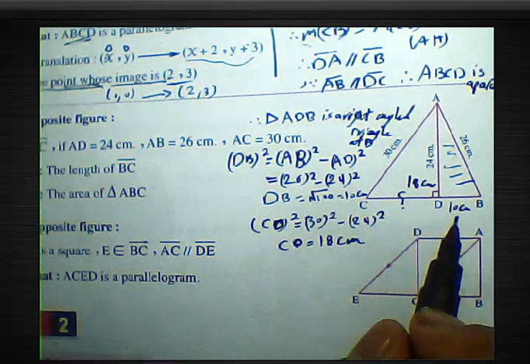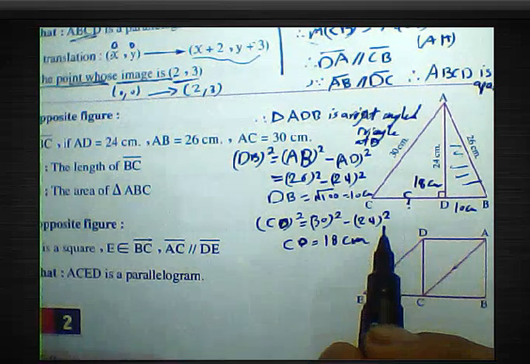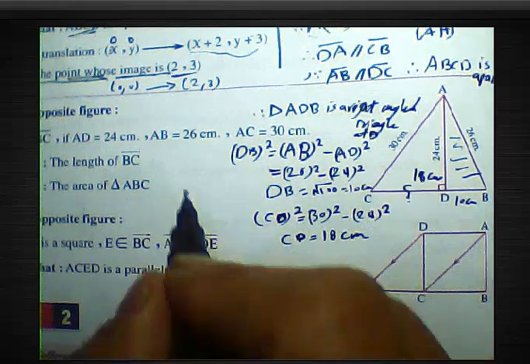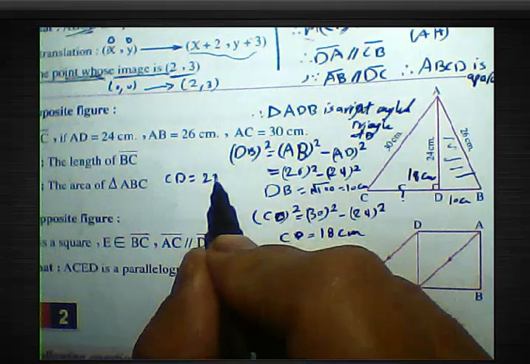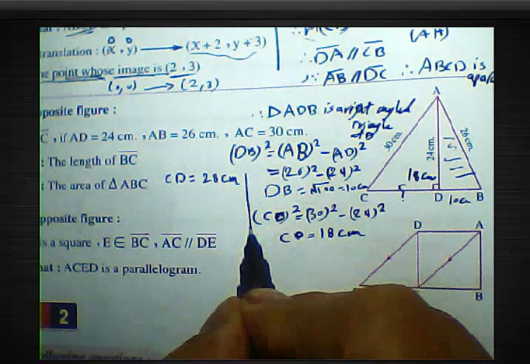Then you can find the length BC by adding 18 to 10. Then 10 plus 18 equals 28 centimeters.